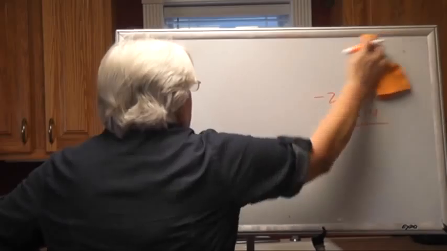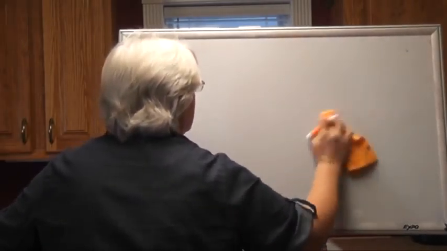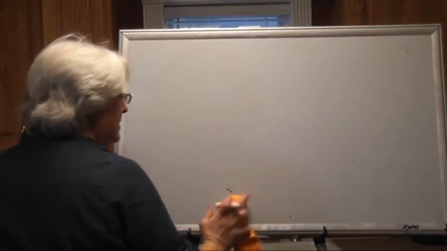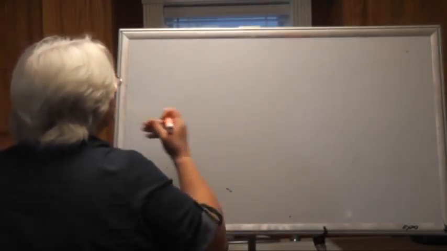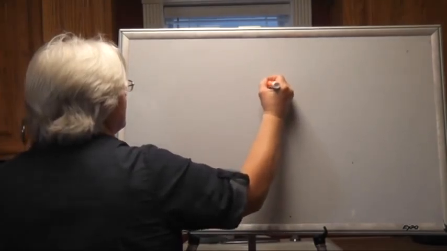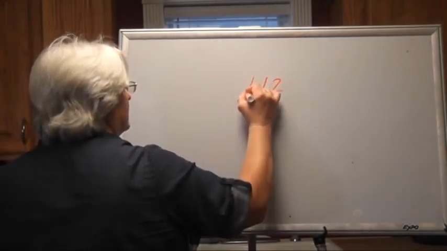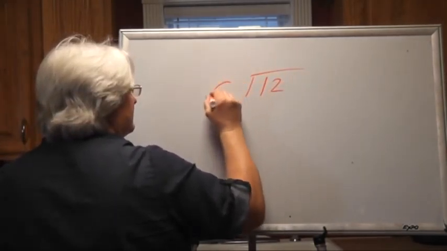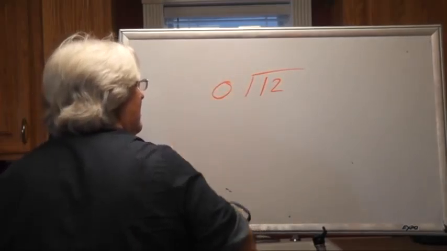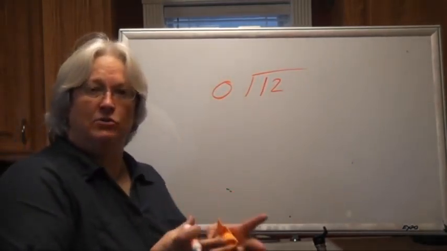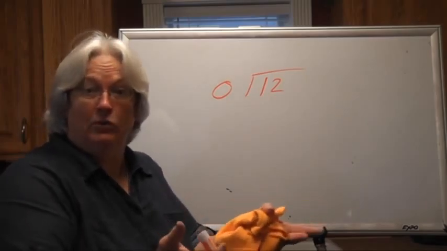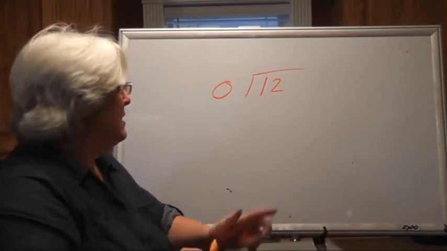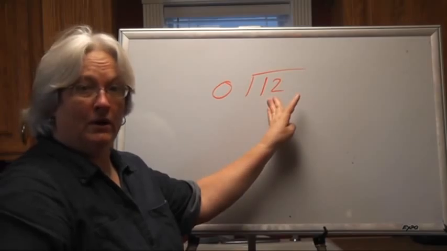The biggest thing that you come into really with dividing signed numbers is what happens if you have 0. What if you wanted to say 12 divided by 0? How many groups of 0, how many empty groups, how many groups that have nothing, can I get out of 12?